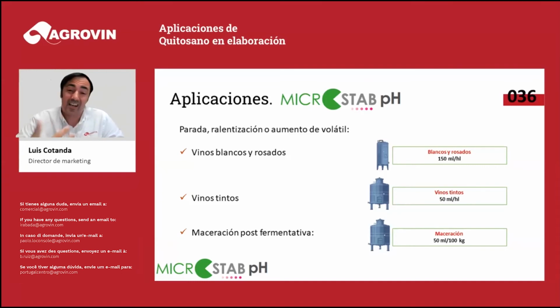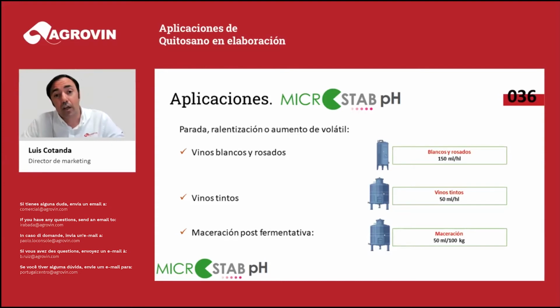In the case of red wines, if we want to have a malolactic fermentation afterwards, a dose of 50 milliliters per hectoliter is going to be enough to have time enough to act, and it is not going to give us problems when we inoculate lactic bacteria afterwards, whenever we carry out racking. And then we would have a post-fermentative maceration.